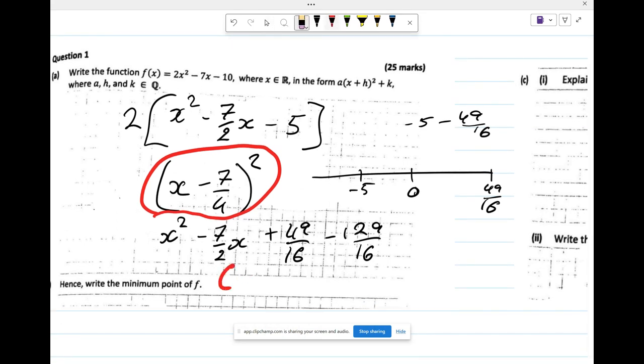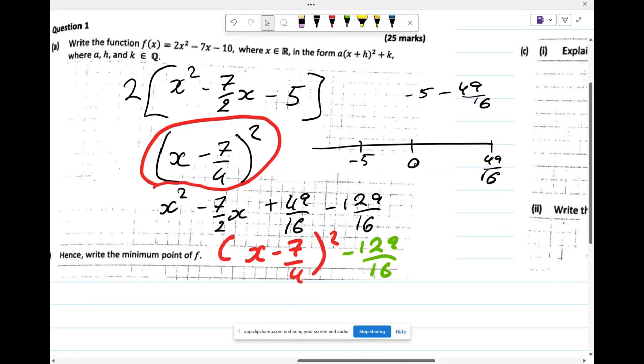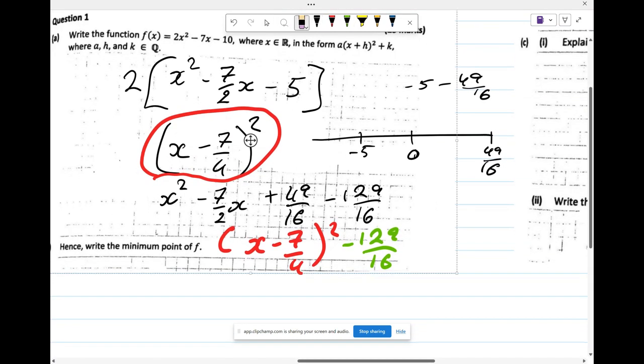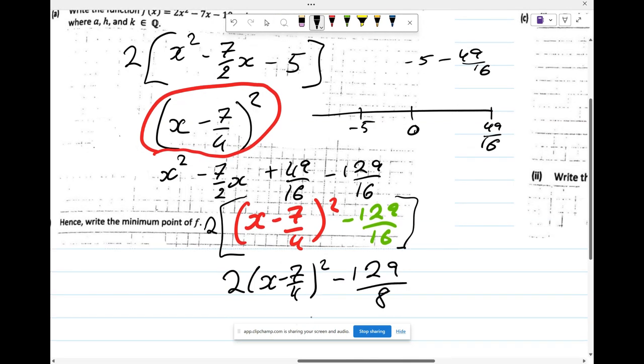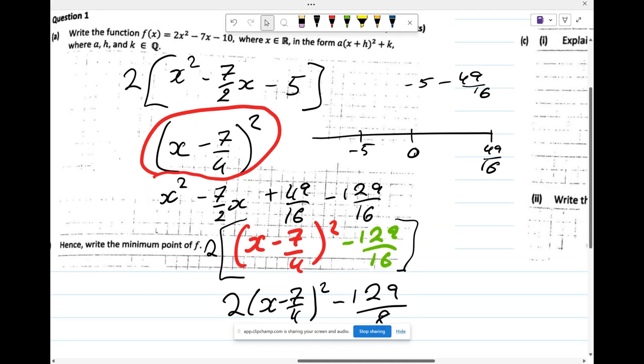That was x minus 7 over 4 squared, and then we're going to minus 129 over 16. But don't forget, some people leave it like this, and this is where they drop marks. Don't forget your big square brackets here with your 2 on the outside. So now we can multiply in the 2, x minus 7 over 4 squared, and then that's just going to be minus 129 over 8. And that is your question done.